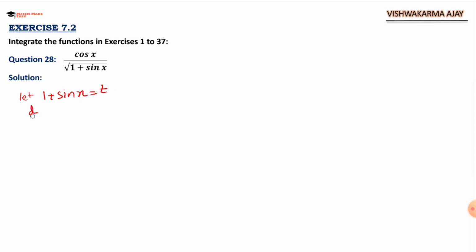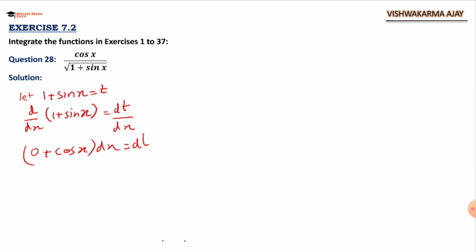The derivative of 1 plus sine x is equal to dt upon dx. This is 0 plus cos x, so cos x dx is equal to dt. Cos x dx can be replaced with dt.